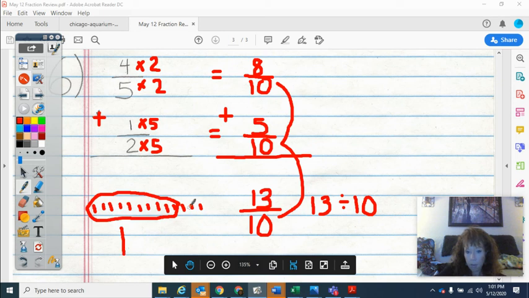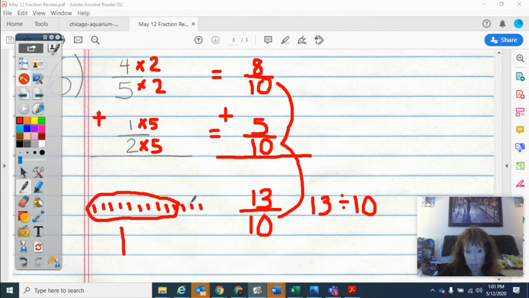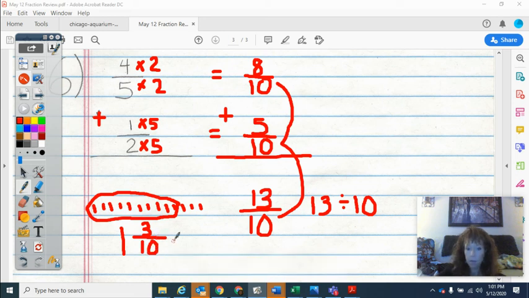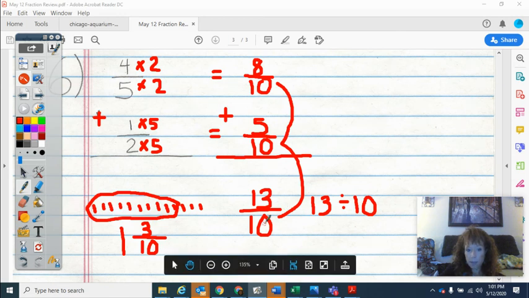And then how many were left over that were not in that group? 1, 2, 3. So that is my numerator. I had 3 out of 10 left over. So 13/10 is equal to the mixed number 1 and 3/10.